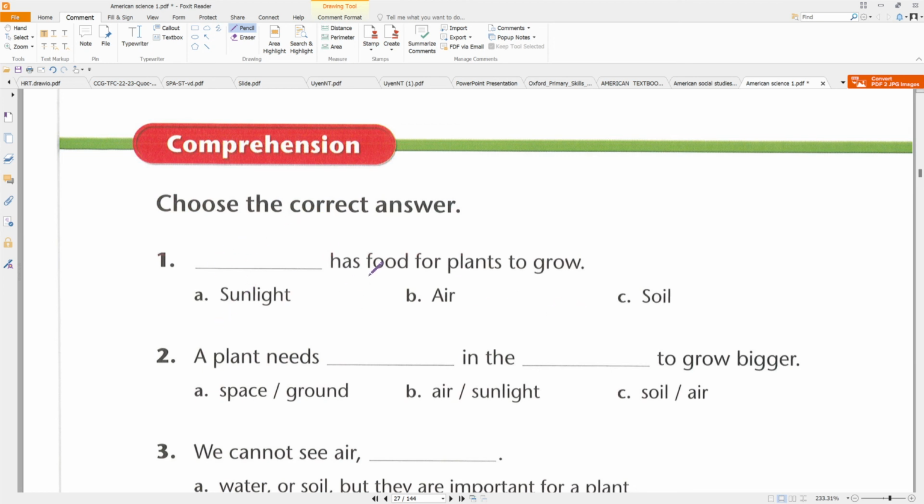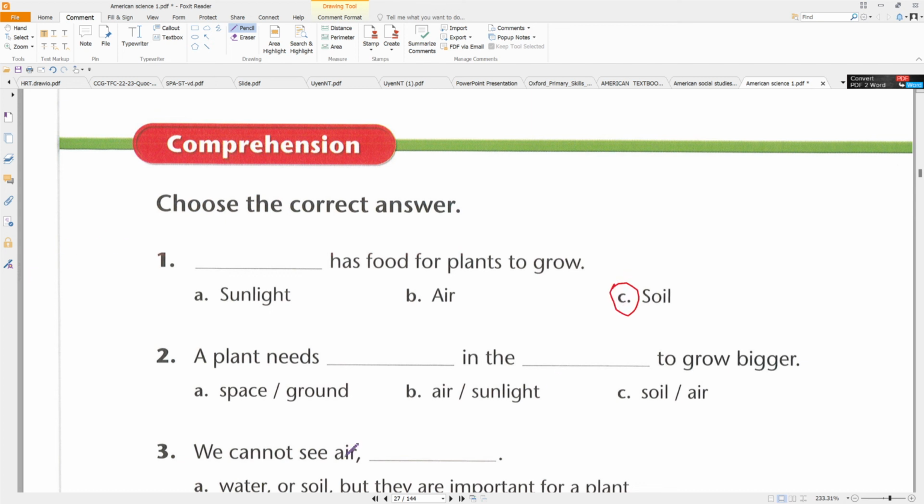What part has food for plants to grow? Is it sunlight? Is it air? Or is it soil? Yes, it's soil.